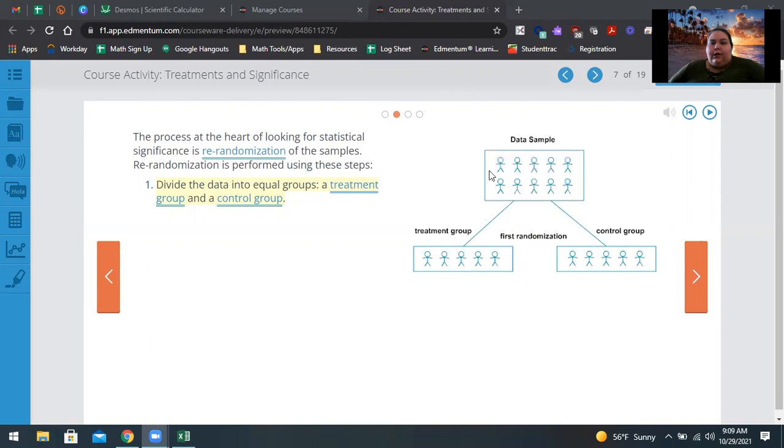Maybe I want this group separated like this: 1, 2, 3, 4, and then we can separate the group like this: 1, 2, 3, 4, 5. So there are different ways to split the group in half, and every single time we separate them, that's called our first randomization.